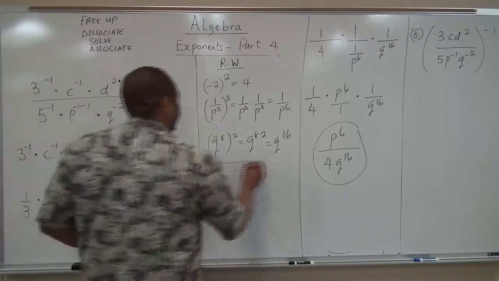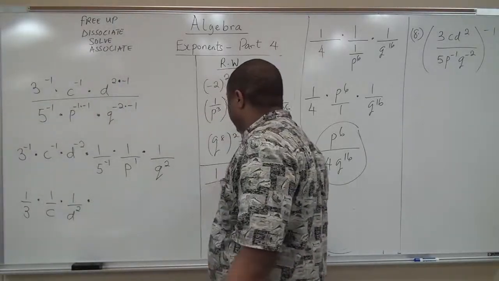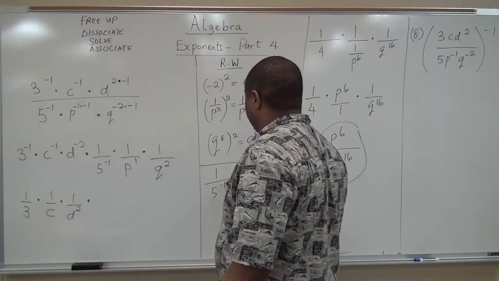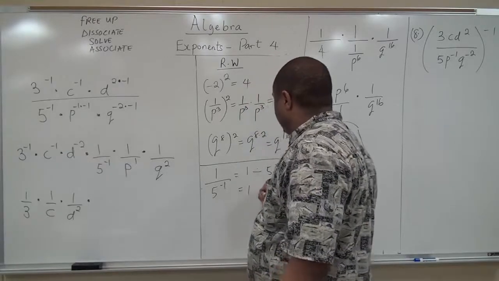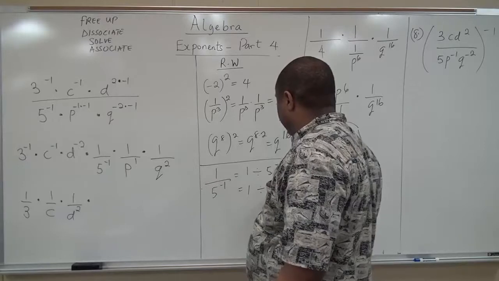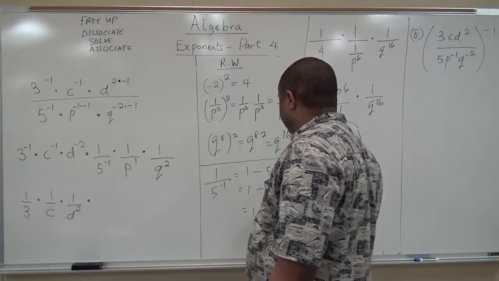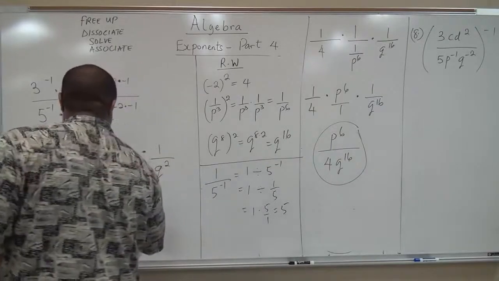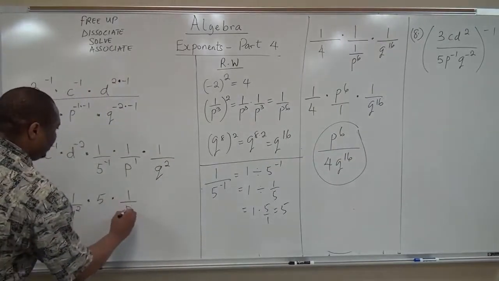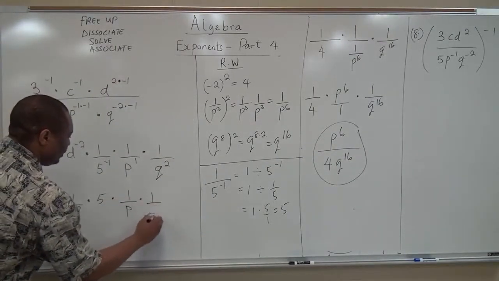I can show it to you here. 1 over 5 negative 1 means 1 divided by 5 exponent negative 1, which is 1 divided by 1 over 5 exponent 1, which is 1 times 5 over 1, which is 5. So this is times 5, and times 1 over p times 1 over q squared.